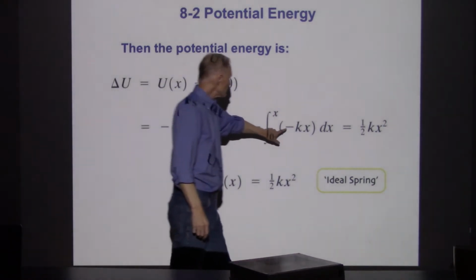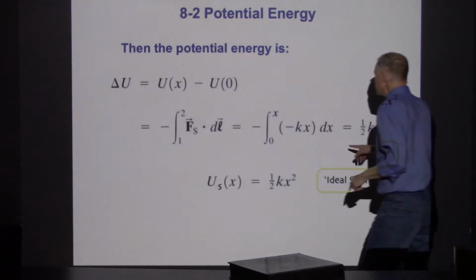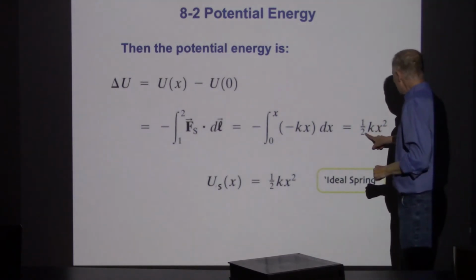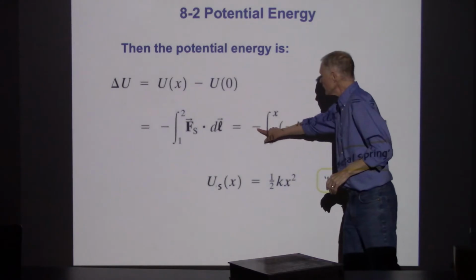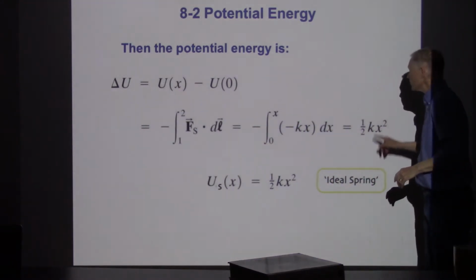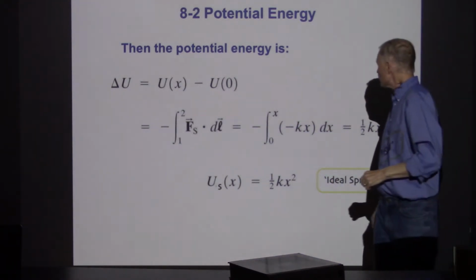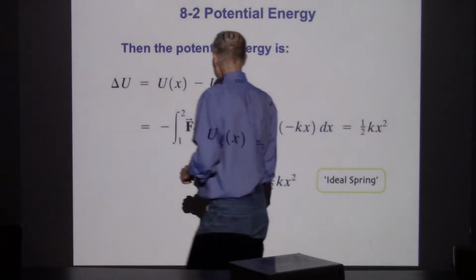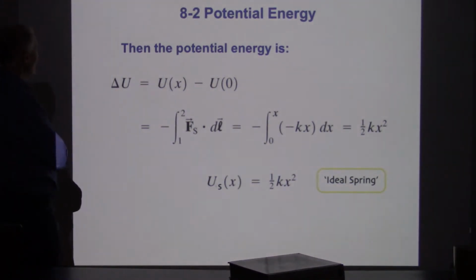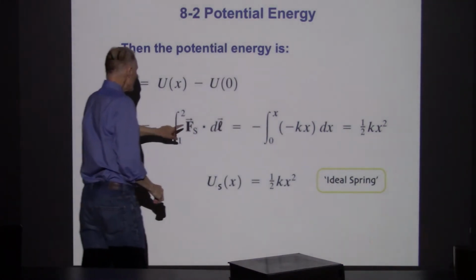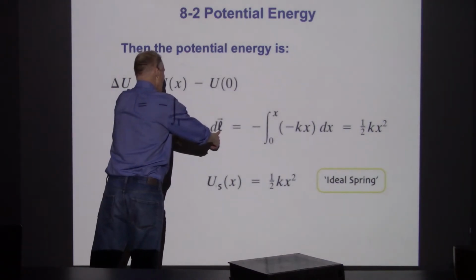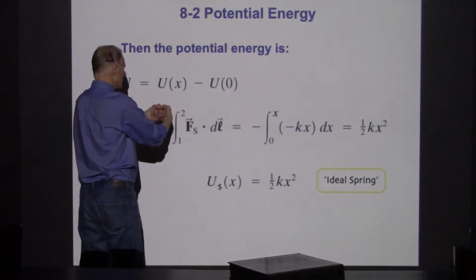And so this is minus kx dx. Now they've integrated that to get the 1/2 kx squared. With the minus sign out front here, that turns into 1/2 kx squared. And so if we're compressing the spring, then the F of the spring and the displacement are in opposite directions.